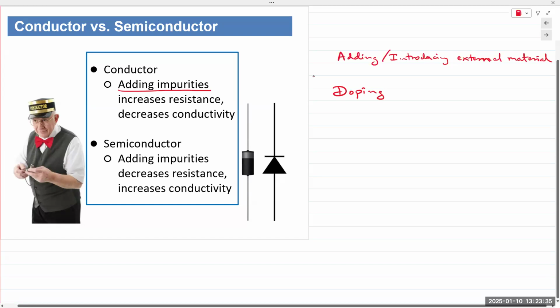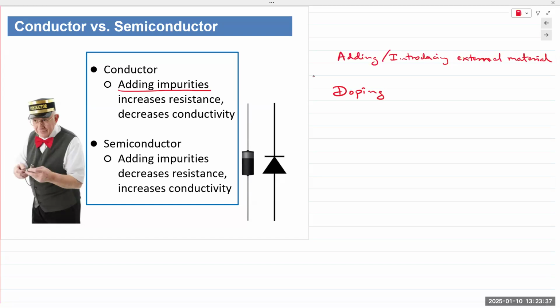is doping. And I heard it for the first time, I couldn't believe it. So you take the external impurity and we say we dope the intrinsic material. So we create a doped semiconductor, and the impurity is known as a dopant.